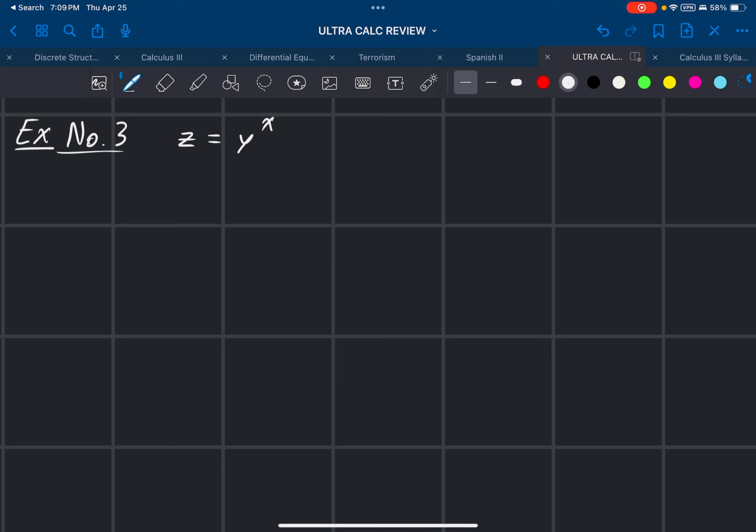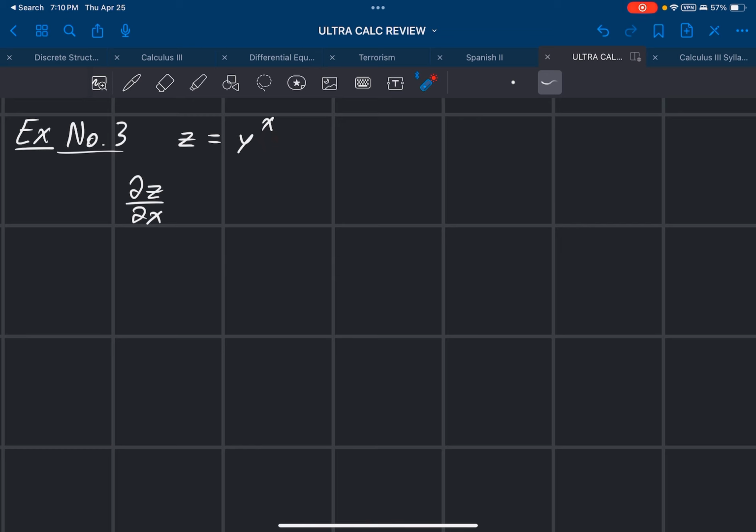Okay, so I said I wasn't going to teach, but this is actually kind of important. So let's just say we're taking the derivative with respect to x. Notice that the x is in the exponent position, so this is going to be kind of weird.